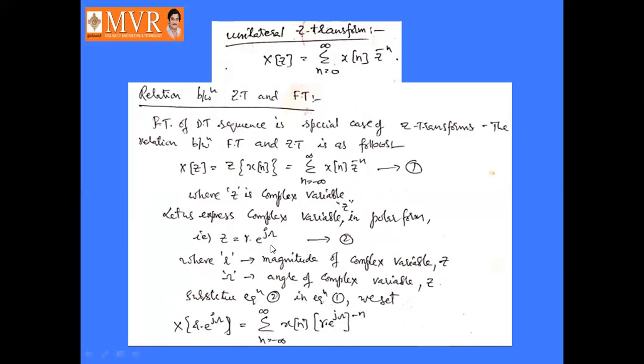So z equal to r into e power j omega. If the radius r is 1, then z will become e power j omega. So x of e power j omega equals sigma n equal to minus infinity to infinity x of n into e power minus j omega n.